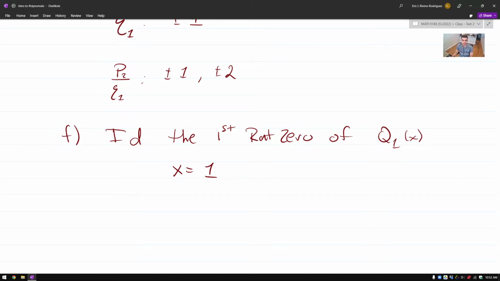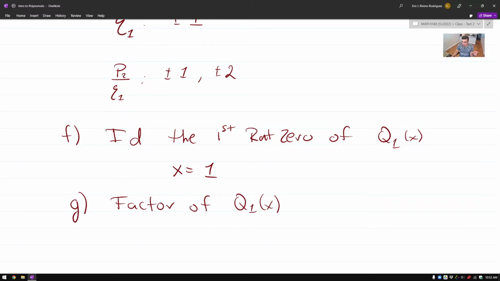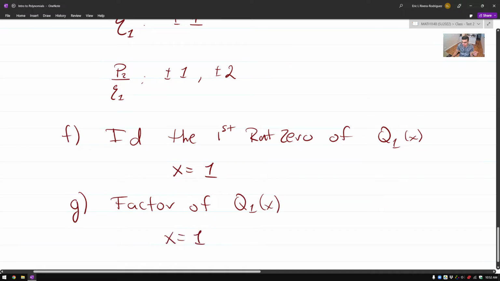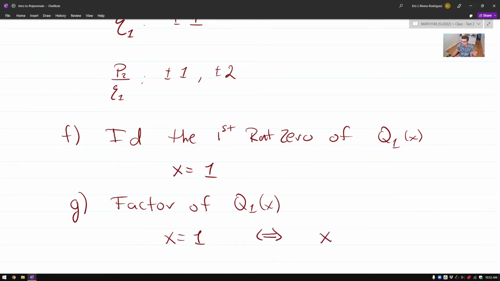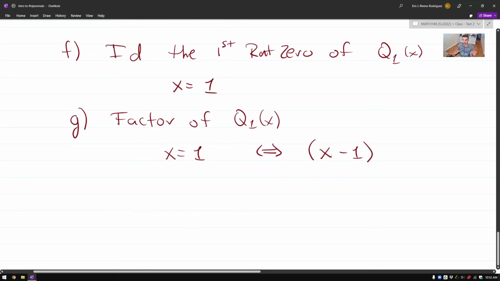Let's confirm that. I'm not going to look at the graph. Let's confirm that indeed 1 is a zero of that polynomial. How can I do that? Well, if x equal 1 is a rational zero of Q sub 1 of x, then x minus 1 is a factor of that polynomial.